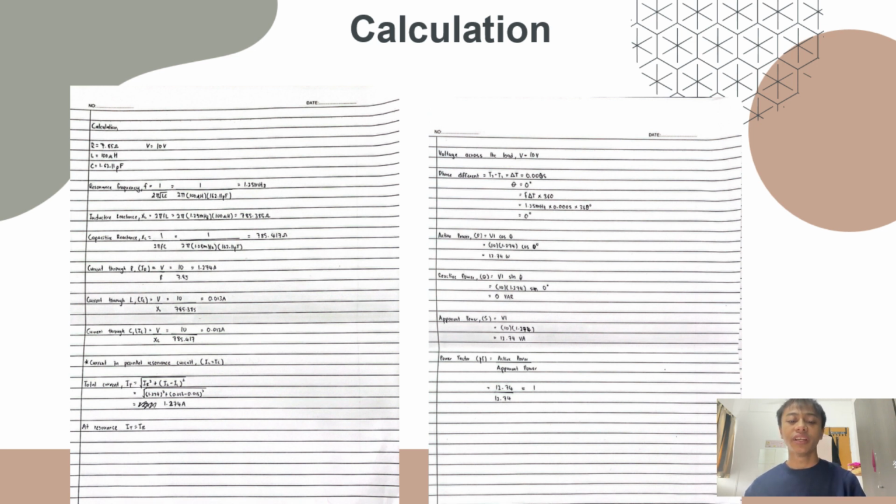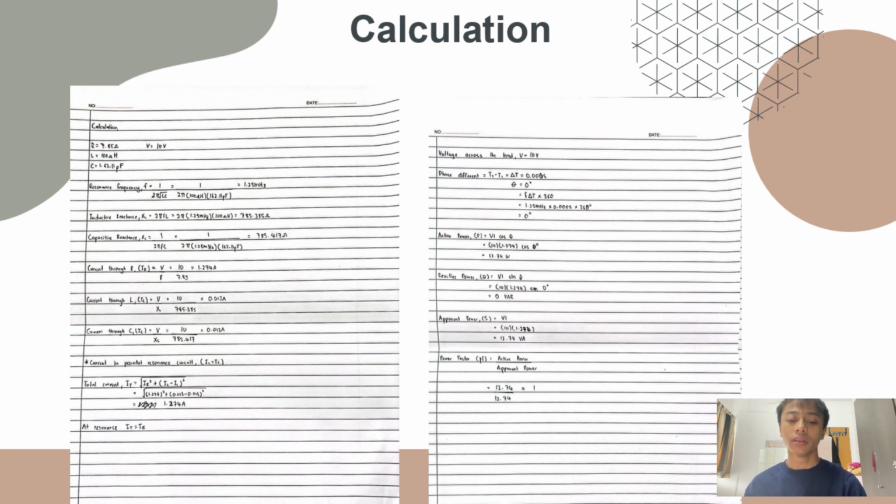Then we calculate the active power, P equal to VI cos theta, and then we got 12.74 watt. Then we calculate the reactive power, Q equal to VI sin theta. So we got the value 0 VAR. Next, apparent power, S equal to VI.